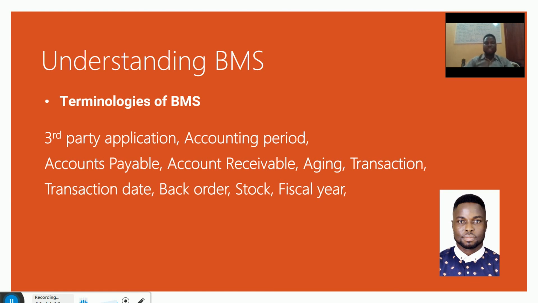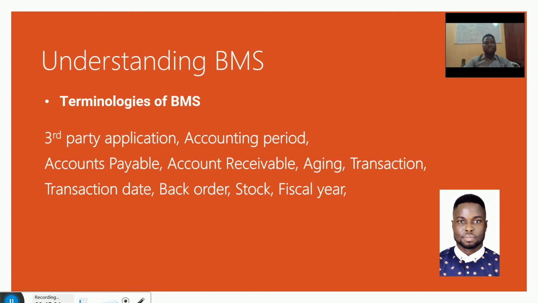enabled negative stock, wow, it seems I'm giving you too many terminologies here, but you can check the manual to see some of these things that maybe I didn't remember to talk about. So negative stock is you don't have stock, but you want the system to make sales when you sell.